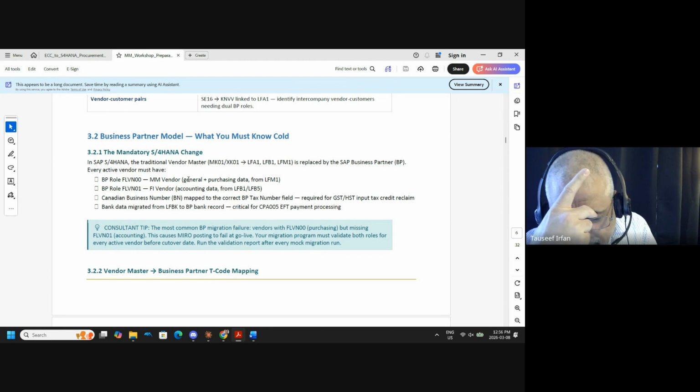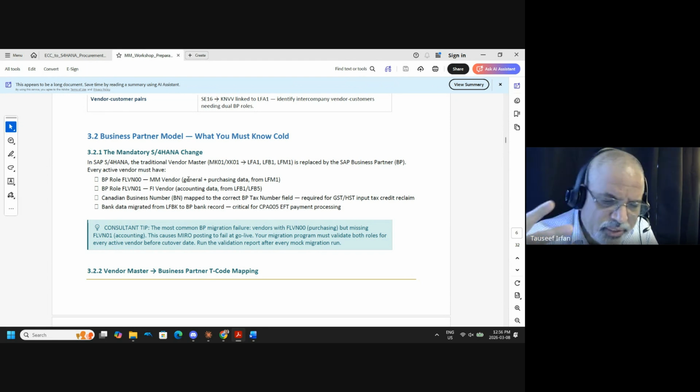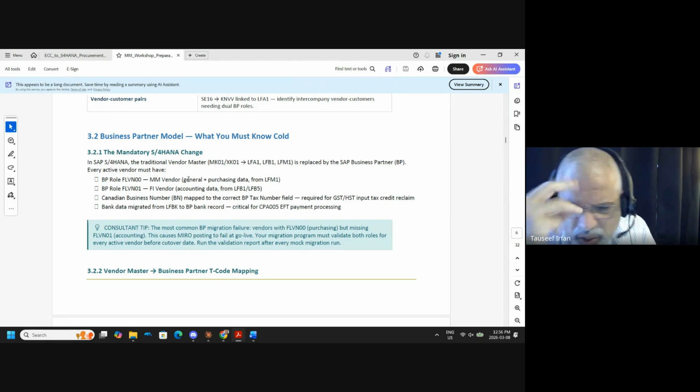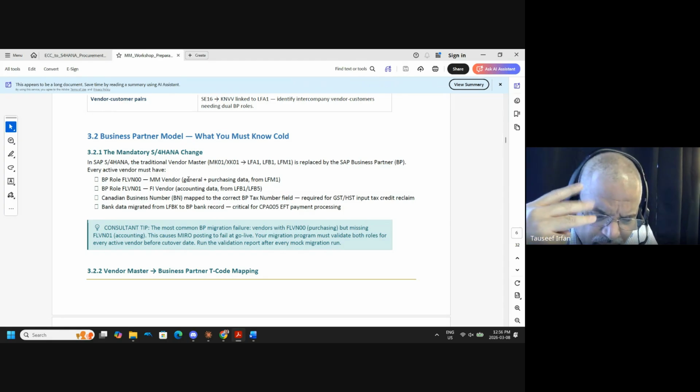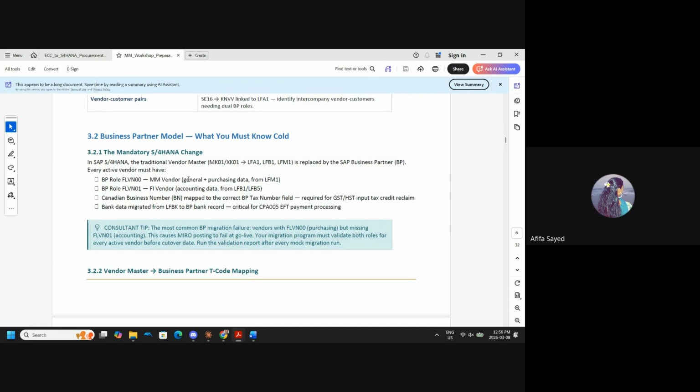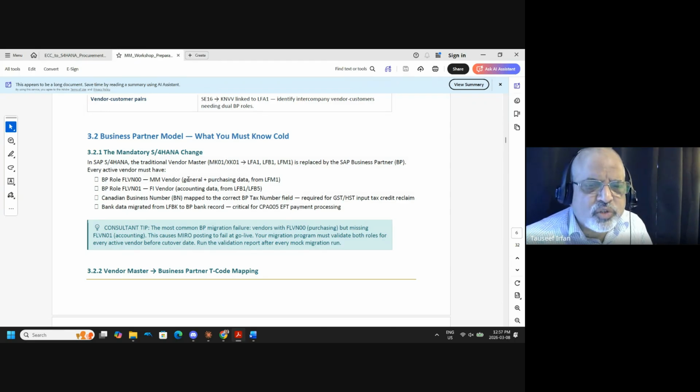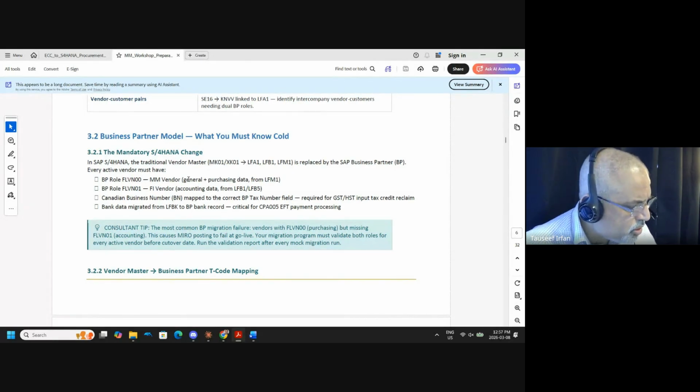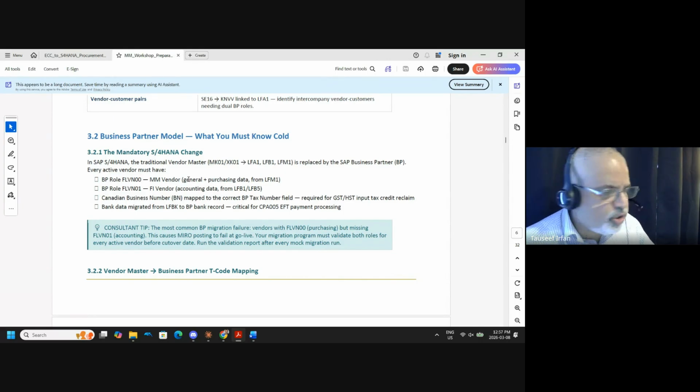Then the vendor master data is also at three levels. Do you remember who are the three levels of vendor master data? General level, company code level, and purchasing level. General level, Afifa, is your client level. Okay, very good. General level is client level, and company code level and purchasing organization level.